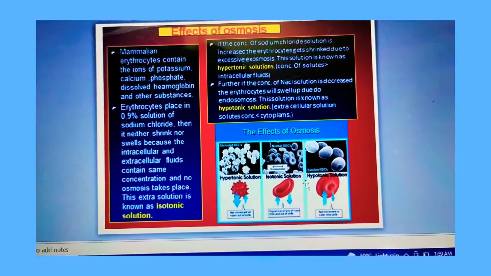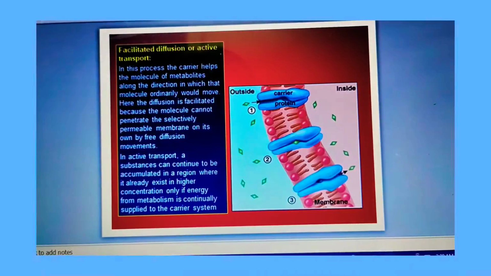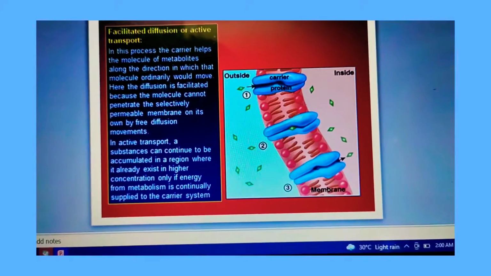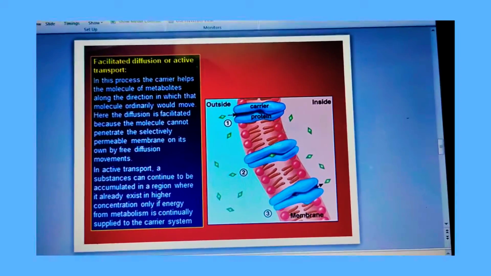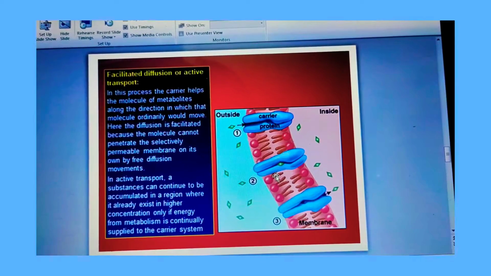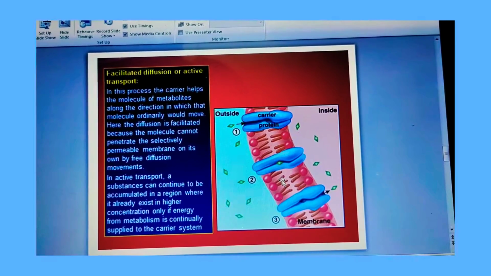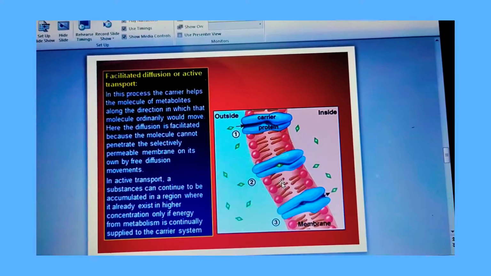Now we will see how diffusion is facilitated through different proteins. So this is the plasma membrane. You can see these are the phospholipids, glycerol and fatty acids. Now how do osmosis and diffusion take place?